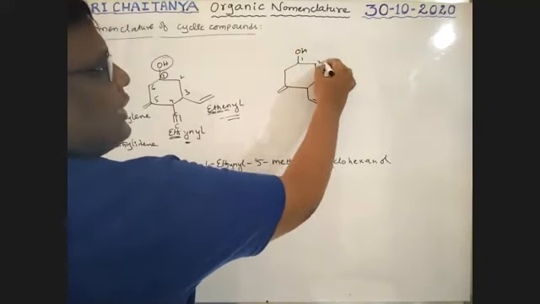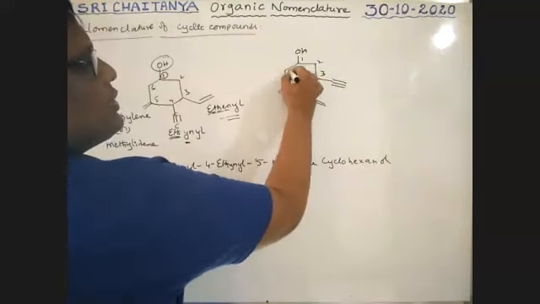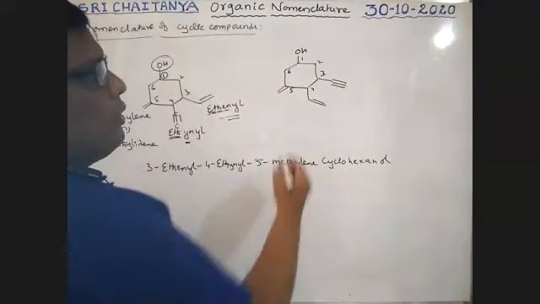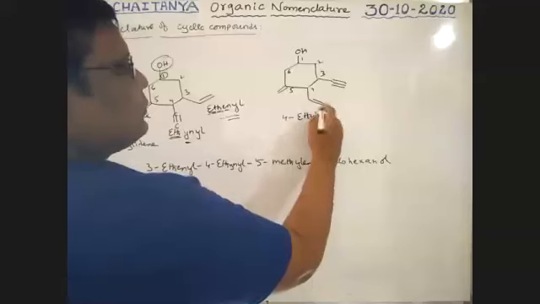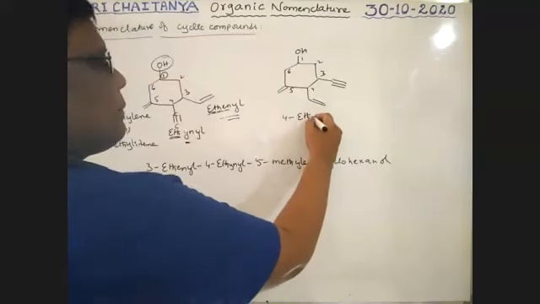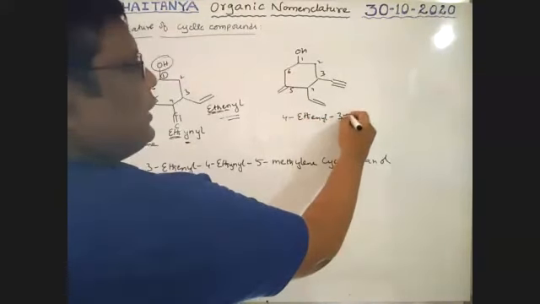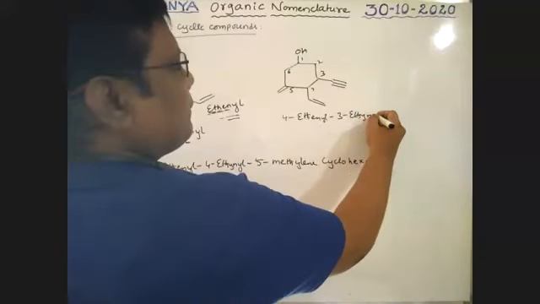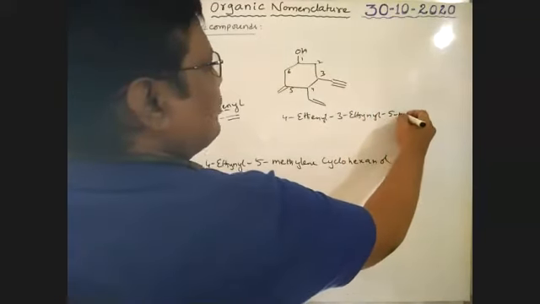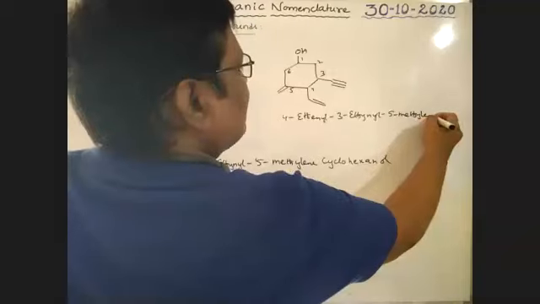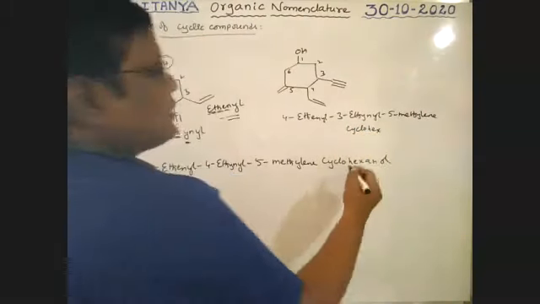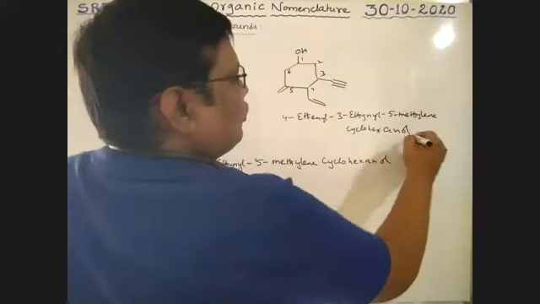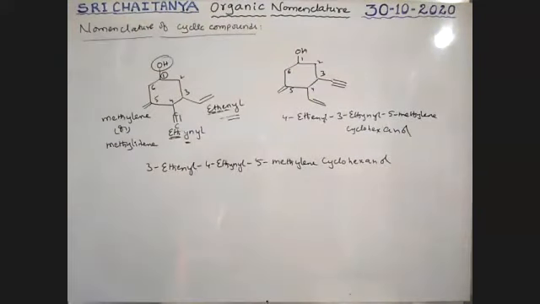Noted, it is first, second, third, fourth, fifth, sixth, and the least locant condition is applicable. Now, 4-ethynyl, 3-ethanyl, 5-methylene, cyclohexanol. That is the way to write.